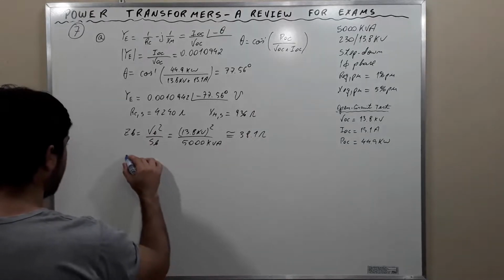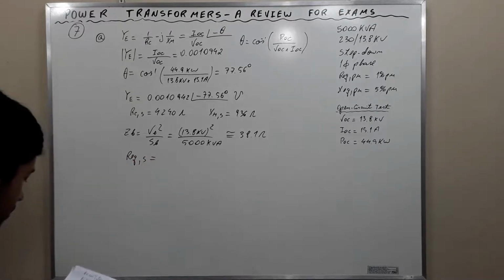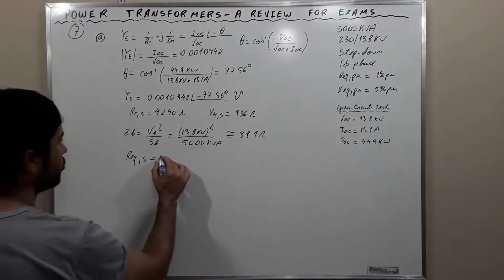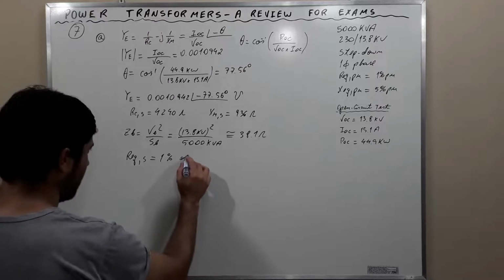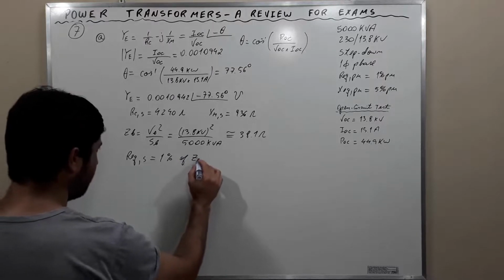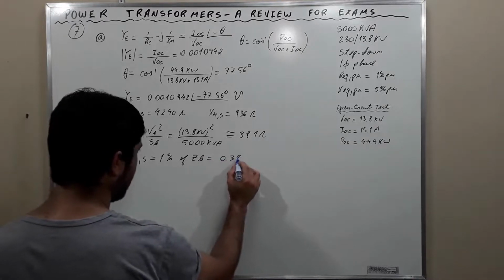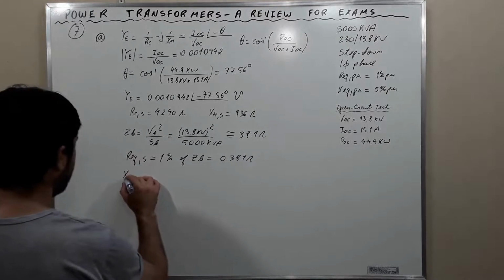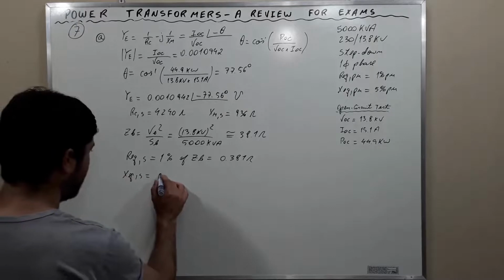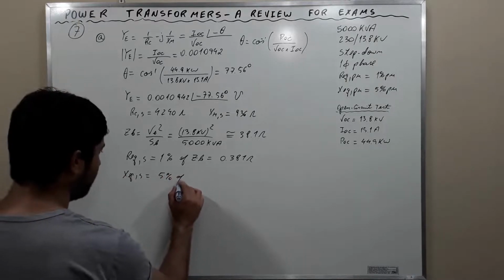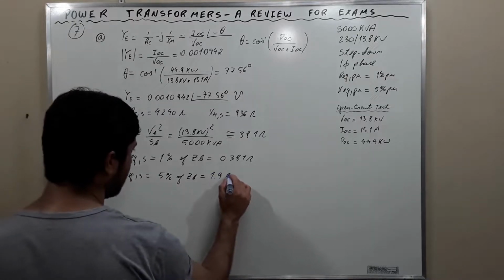The equivalent resistance referred to the secondary side is going to be equal to 1% of ZB, which is 0.381, and the equivalent reactance referred to the secondary side is 5% of ZB, which is equal to 1.9 ohms.